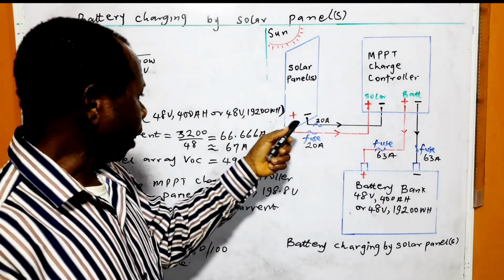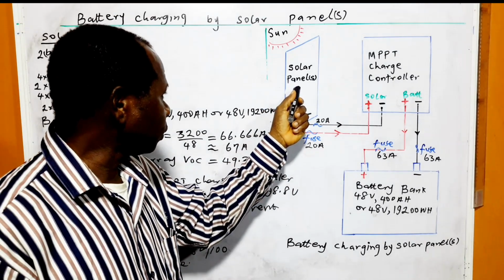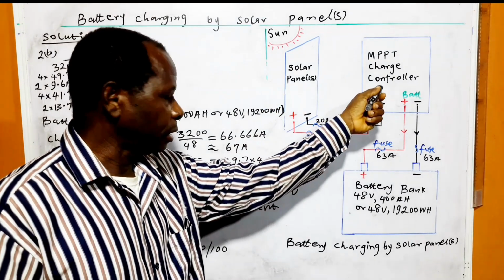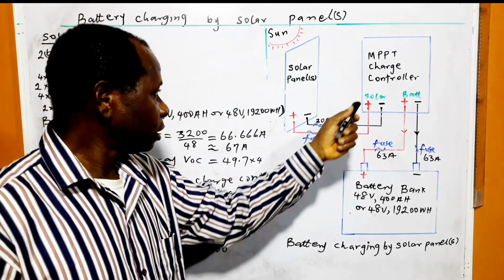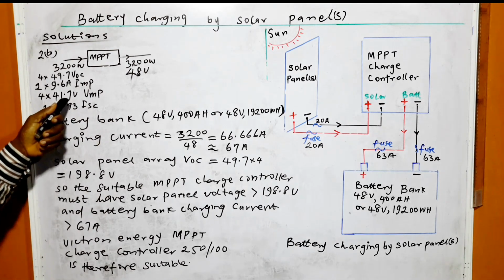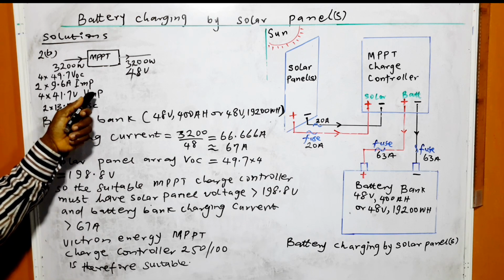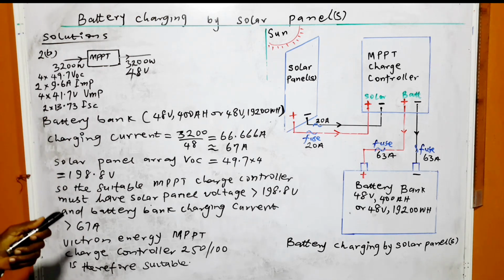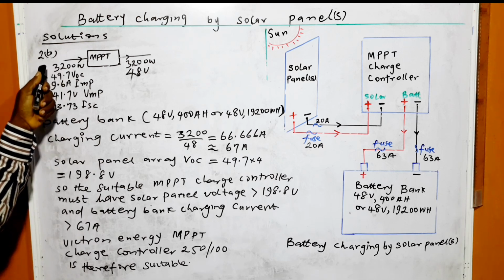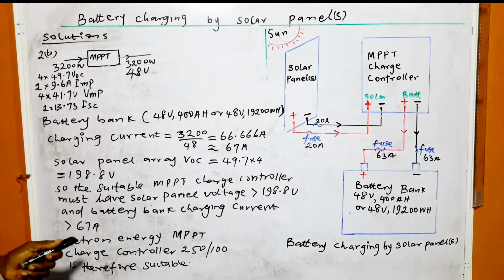Now, to calculate the sizes of the fuses between the solar panel arrays and the MPPT charge controller, we consider the voltage at the maximum power of the solar panel array, which is 4 times 41.7, and use it to divide the total wattage here, which is 3200.